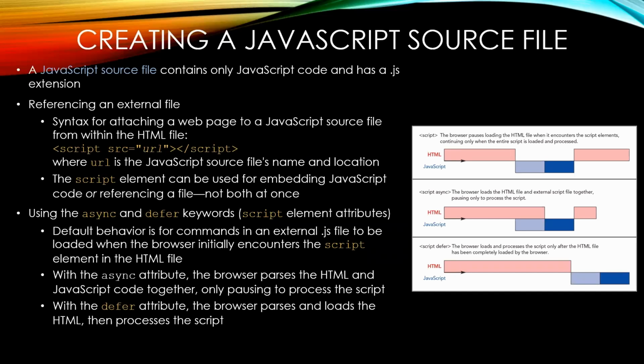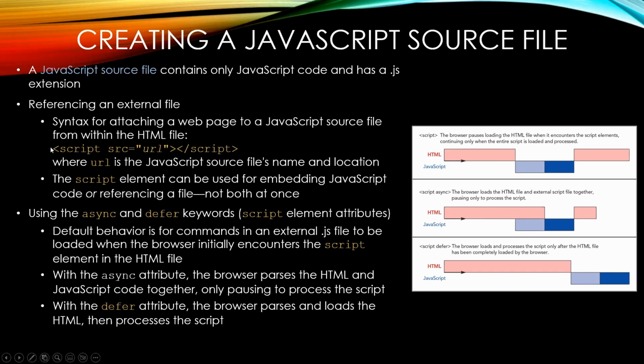We can also create a JavaScript source file as a completely standalone file, which would have a .js extension. So this is different than actually putting it into the HTML as we have so far. In order to reference some sort of external file, we need to add syntax into our HTML to point it to the correct location.